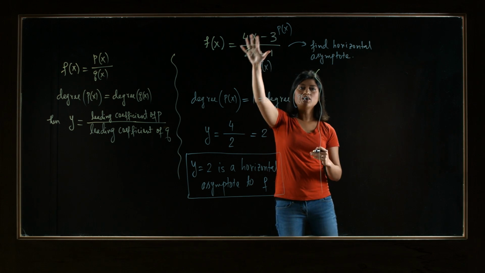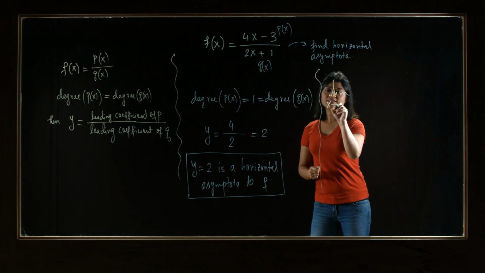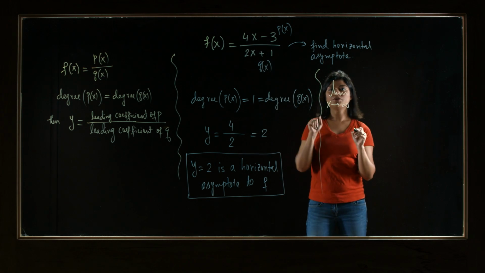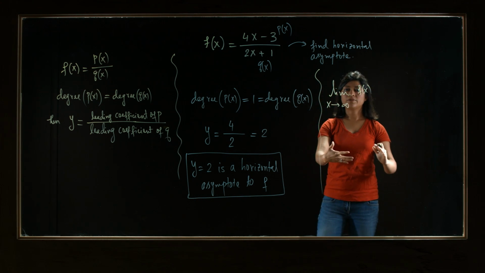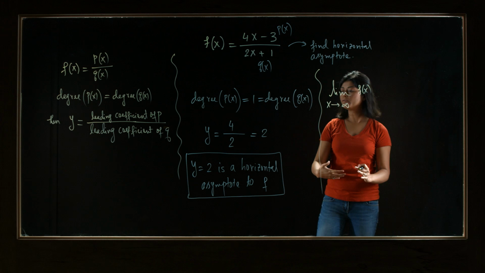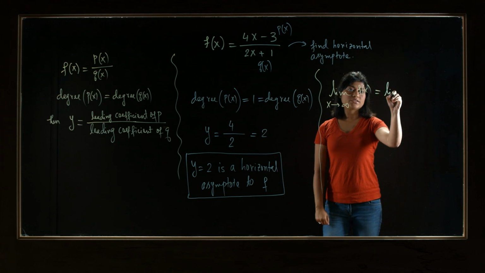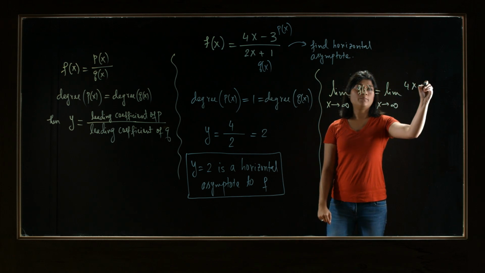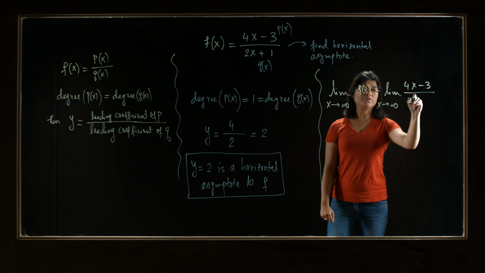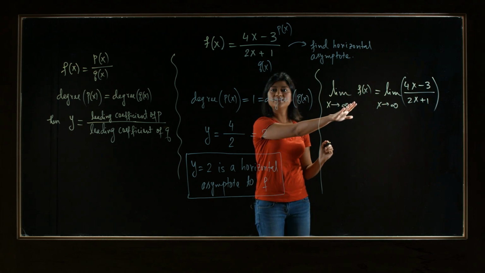So, why don't we take our function and evaluate the limit as x approaches infinity of this function and see if we can get a value, and that will give us a horizontal asymptote as well. All right. So, let us write down the function. It is (4x minus 3) over (2x plus 1). Now, the question is, how do we evaluate this limit?